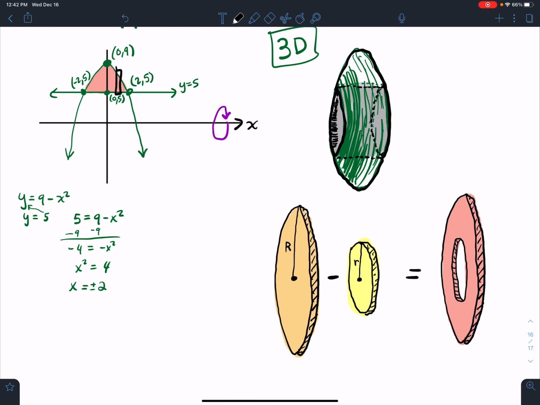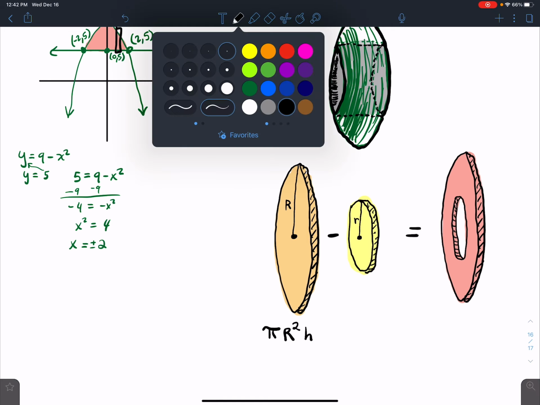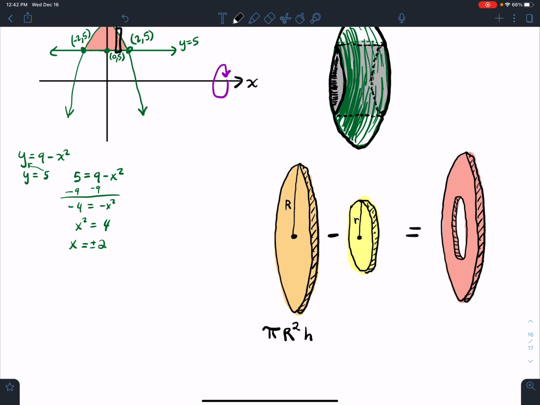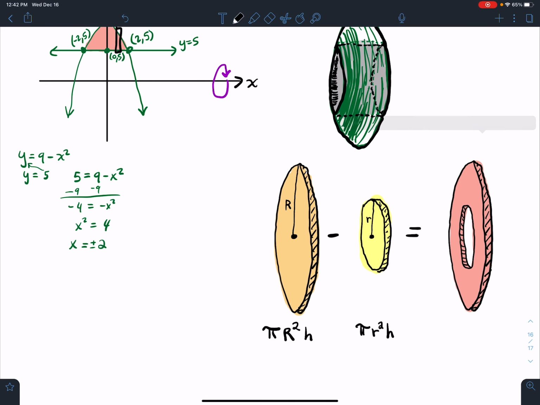So how I do this is I figure out, okay, this is pi capital R squared, and then my width, the h. And then I have this one here, which is pi little r squared, and then my width h. And I literally take this and I subtract it out of the middle to get my resulting red washer.